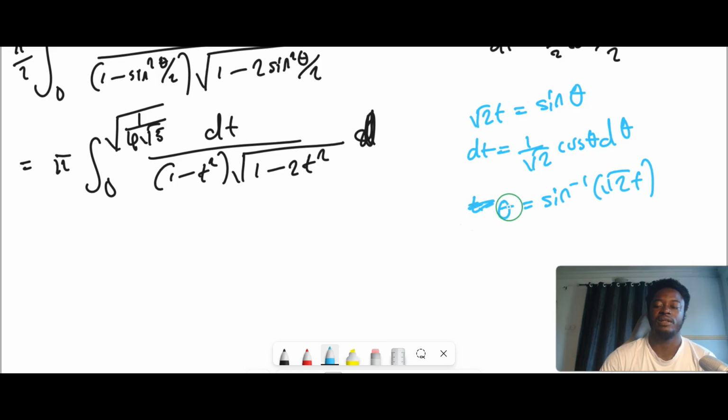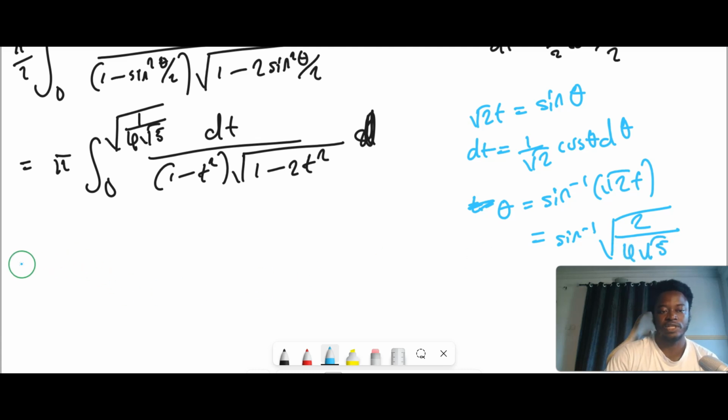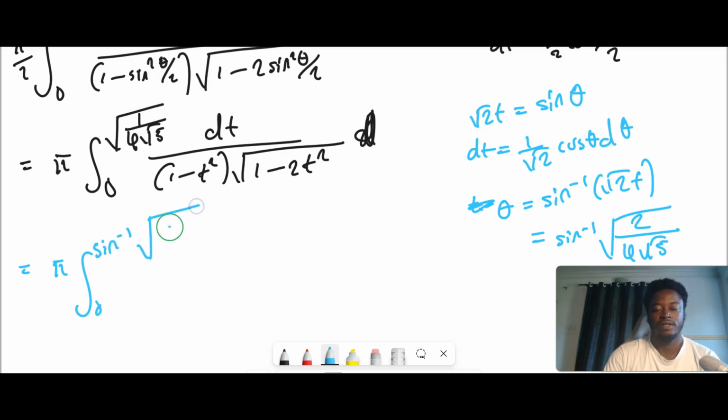If t is the square root of 1 over phi root 5, it will be sine inverse of square root of 2 divided by phi root 5. So we would have pi times the integral from 0 to sine inverse of square root of 2 divided by phi root 5. Then you would have dt over here. What is dt?